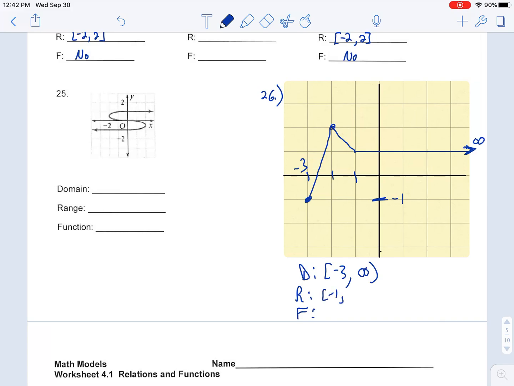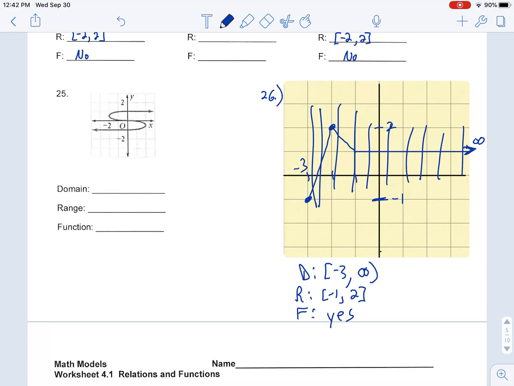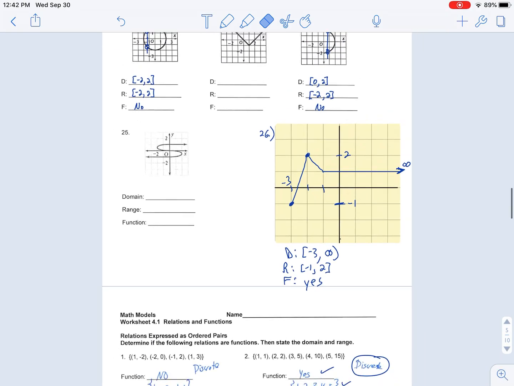What's the highest point? I think that's the highest point right there, which is 2, bracket. And is this a function? Yeah, no matter where you draw a vertical line, every vertical line only touches once, so this is a yes. Obviously, there's no answer key because I just invented this problem off the top of my head. But there, just in case you needed a little more work.